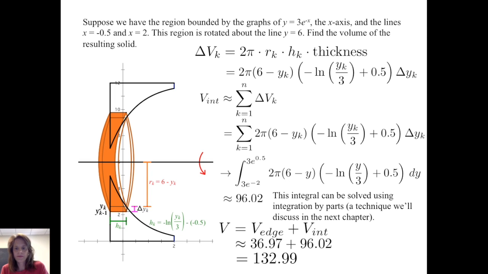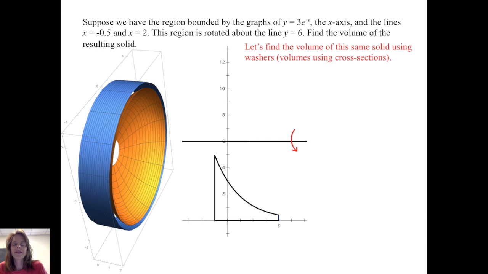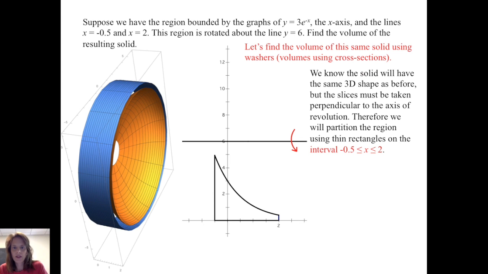Now, let's find the volume of the same solid using washers, or in other words, using volumes by cross sections. I've got the same solid that results, but this time I'm going to take slices that are perpendicular to the axis of revolution. So therefore, we will partition the region using thin rectangles on the interval x between -1/2 and 2.